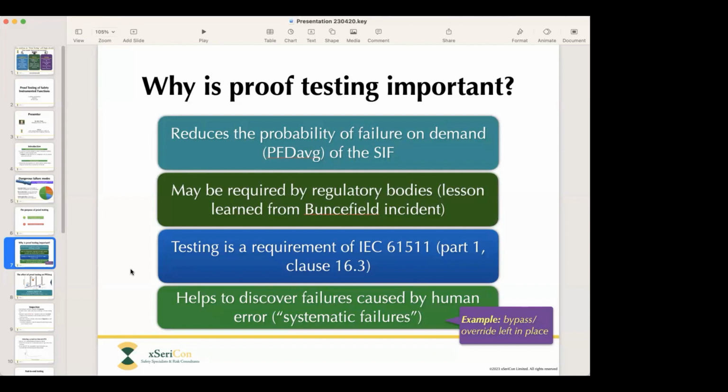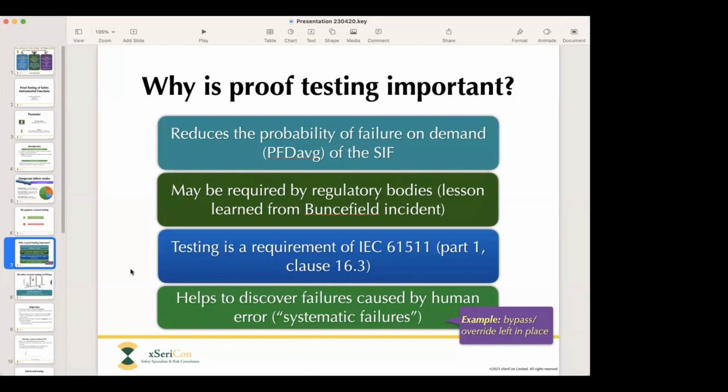Now, as I'll show you a little bit later, it actually doesn't have that dramatic an impact. It's not going to move you, for example, from a SIL 1 to a SIL 3 function, but it does have some worthwhile impact on the availability of the SIF.